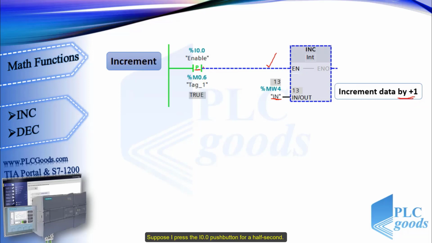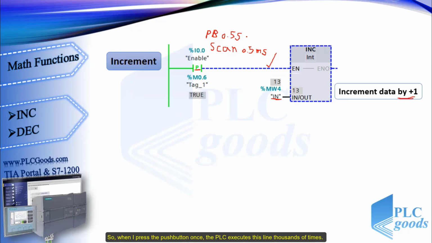Suppose I press the I0.0 push button for a half second. As you know, the scan cycle time is about 0.5 milliseconds.